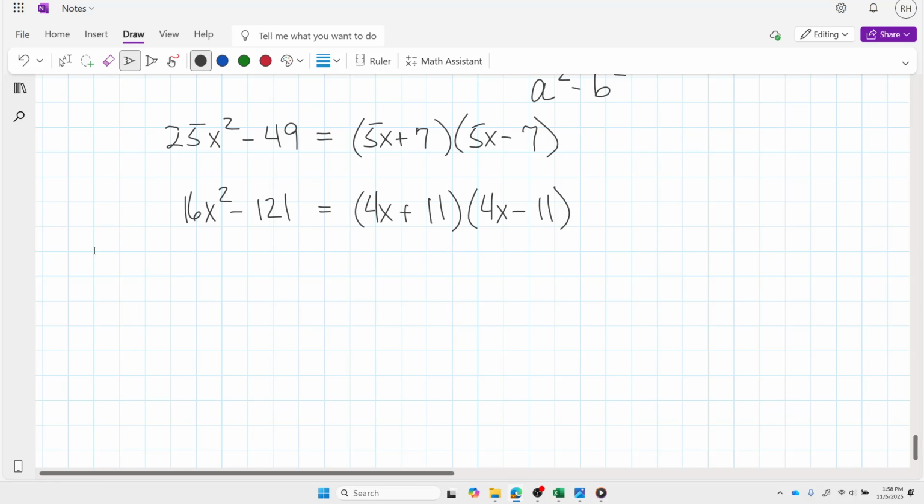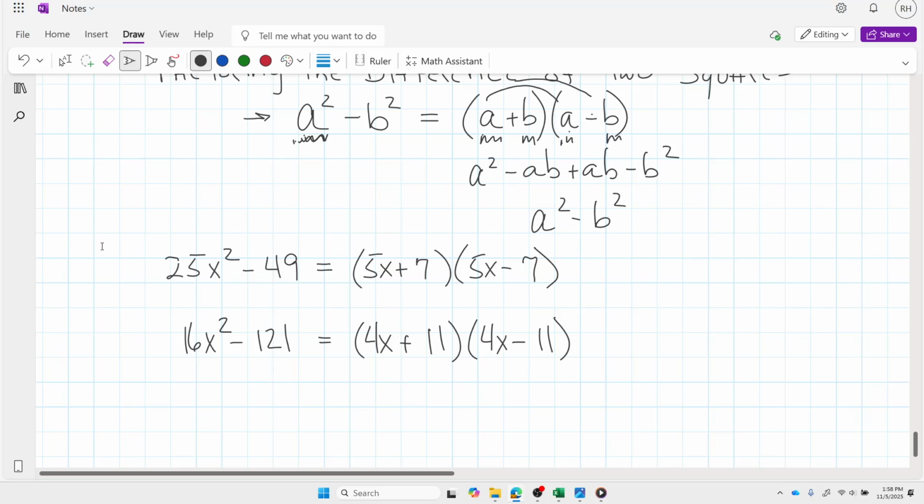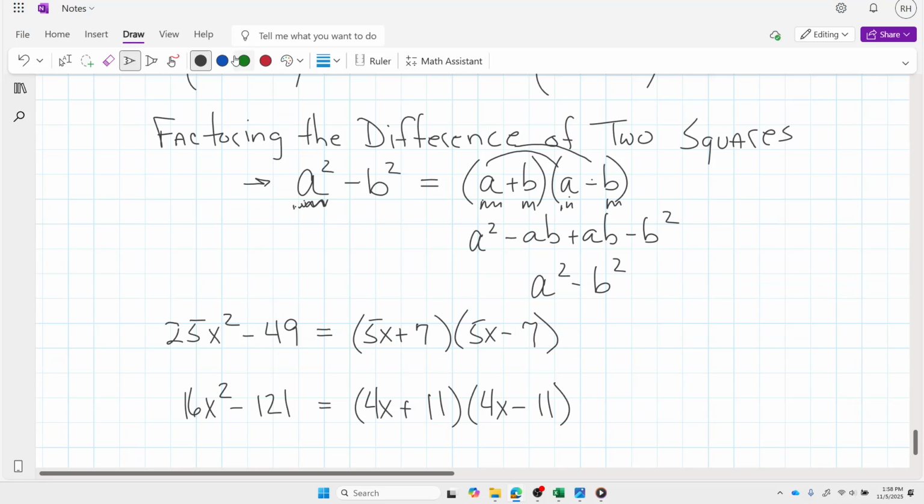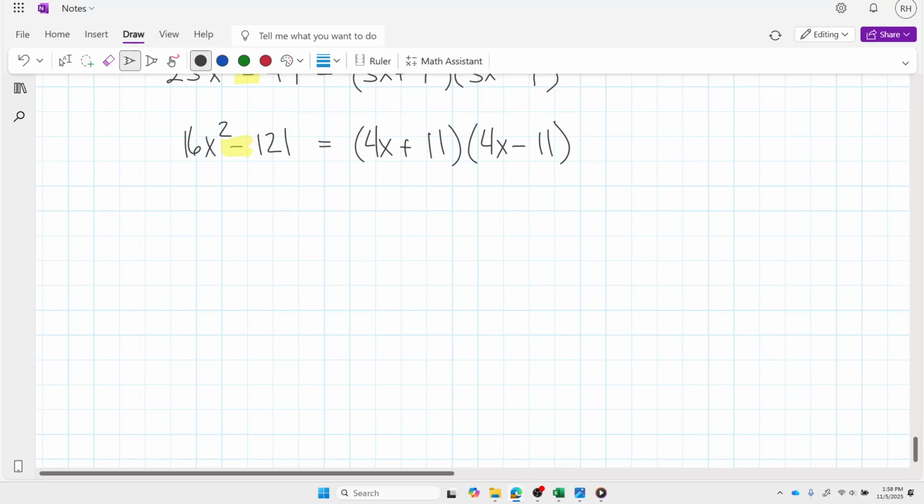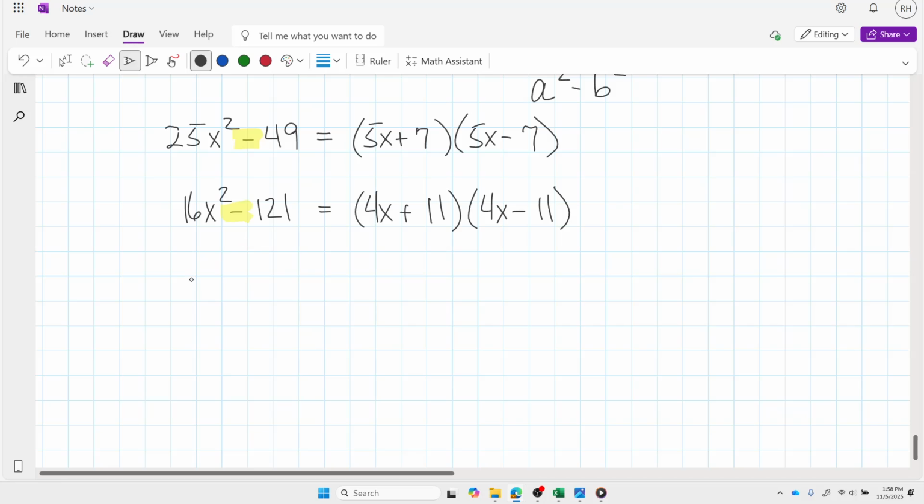Now again, make sure you realize and understand that this only works when it's subtraction, okay? If you've got two perfect squares and there's a plus sign in between them, oh, 4x squared plus 64.